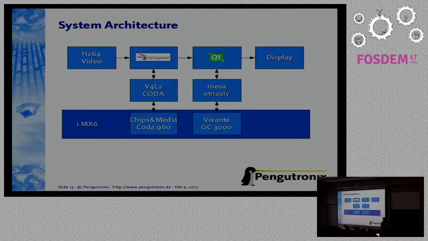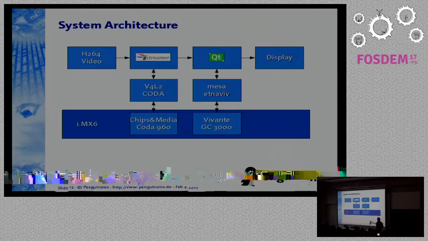Then we use the zero copy sink to jump over to Qt, which uses Mesa and EtnaViv for compositing the user interface and the video frames, and then forwards everything to the display. So everything in here is open source.